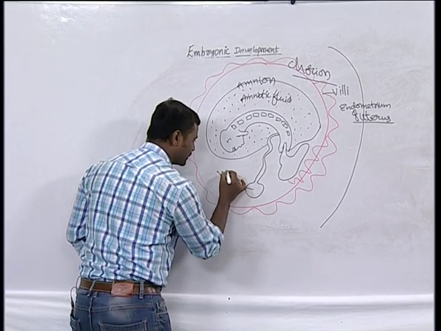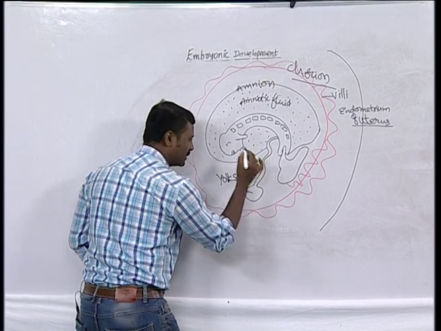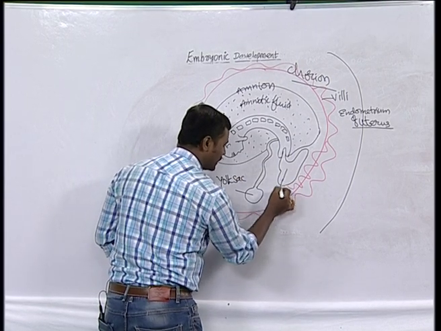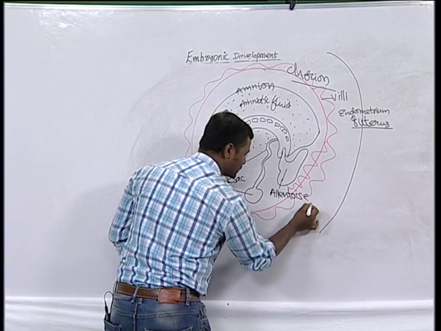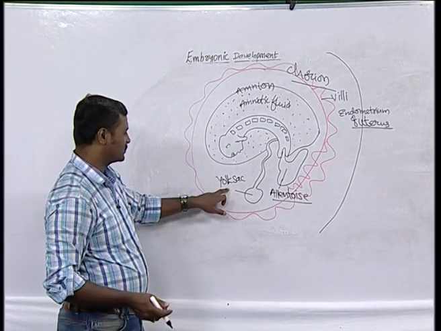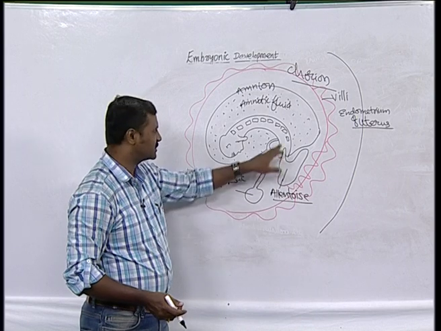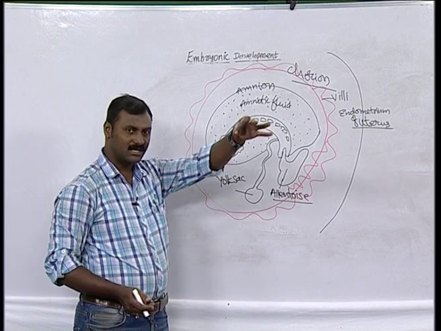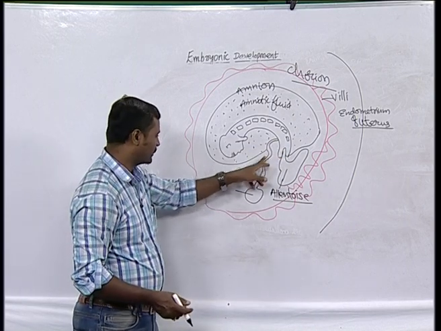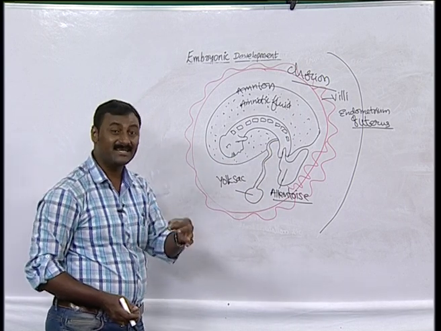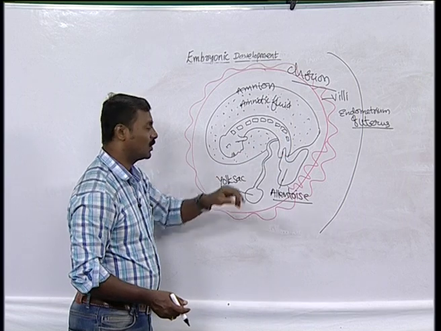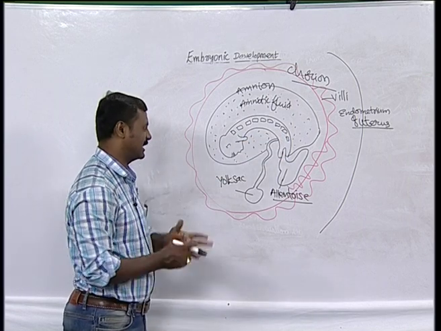This is the layer you are observing, yolk sac, and this layer is called allantois. What is this? Allantois. So the inner layers you are observing are yolk sac and allantois. Yolk sac is connected with the umbilical cord, we can also call it. This umbilical cord is connected to the midgut of the embryo, that is the middle of the alimentary canal.